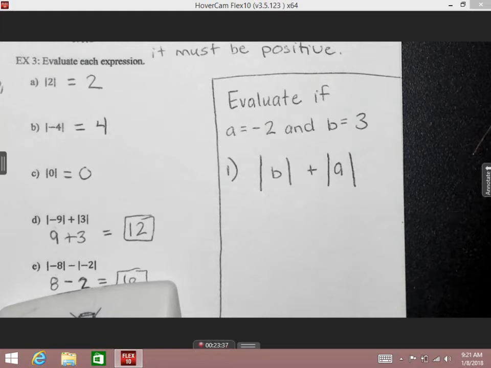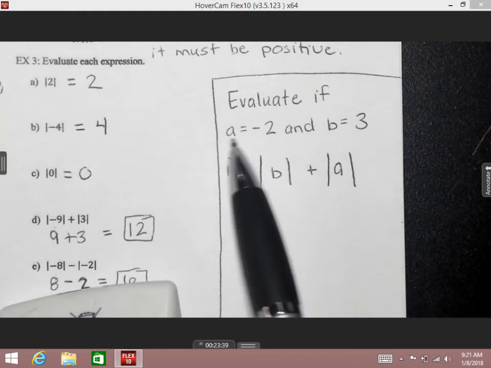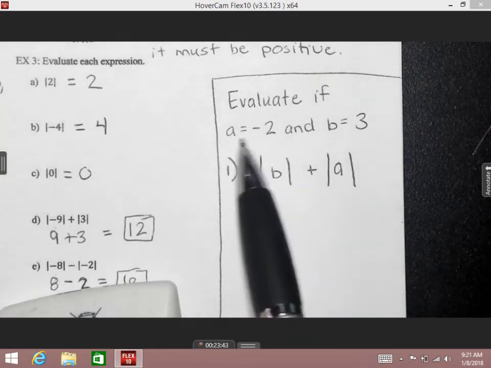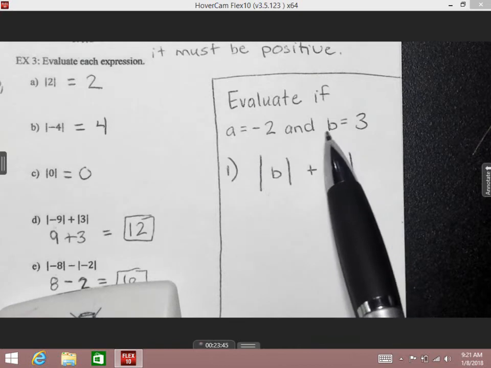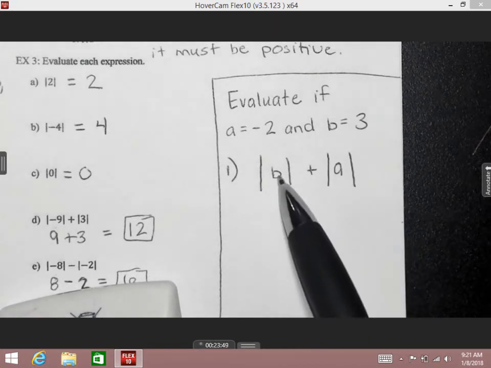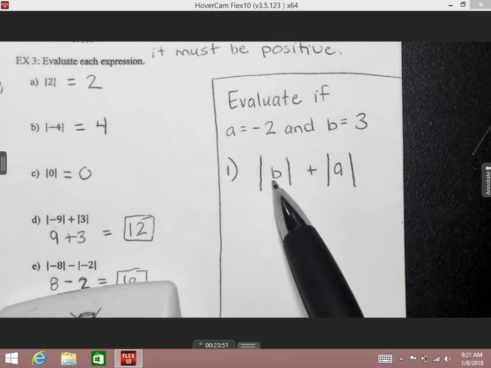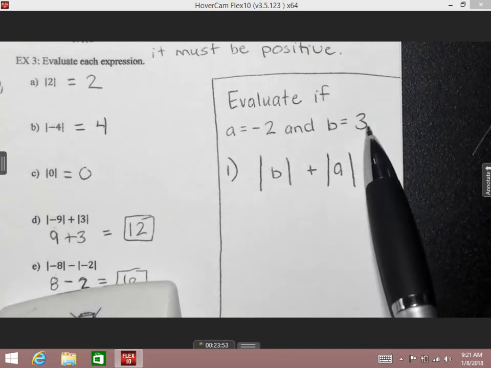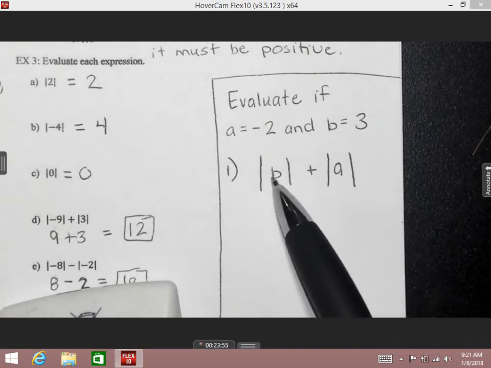All right, we can't do that, but what does it tell me here? A equals negative 2, and what does it tell me here? B equals 3. So really, I wrote this letter, but what does that letter equal? 3. So guys, all a letter does, it's called a variable because it's holding the place for a number.